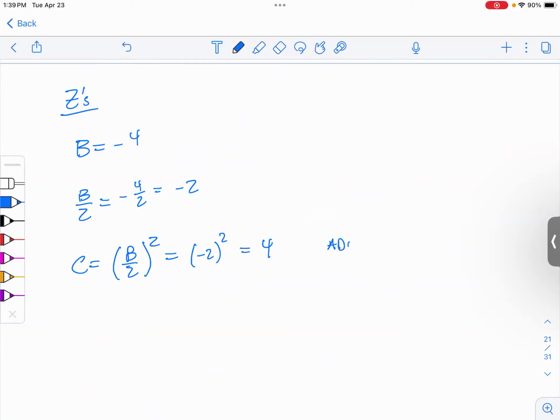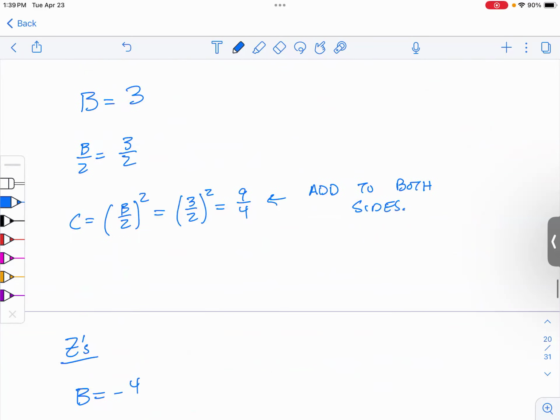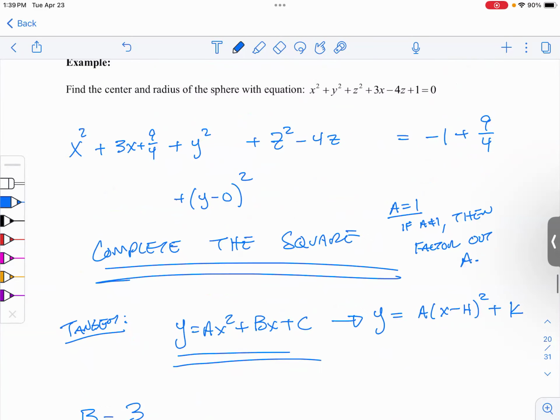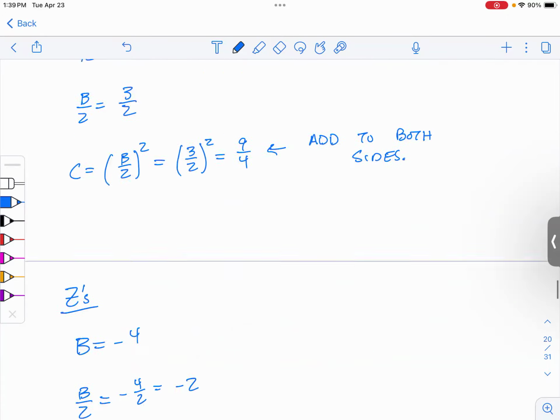And again, add to both sides. So +4, +4. Okay, so I have all these pieces. Now I need to actually do what the whole point of completing the square is.